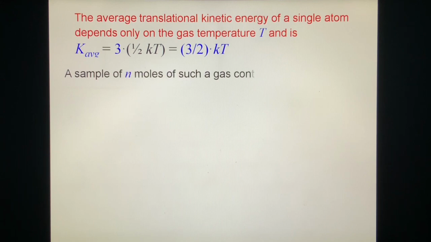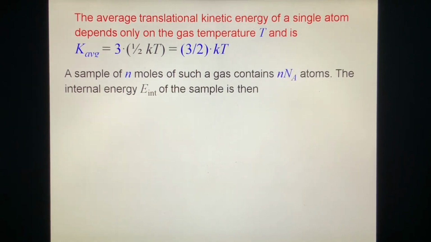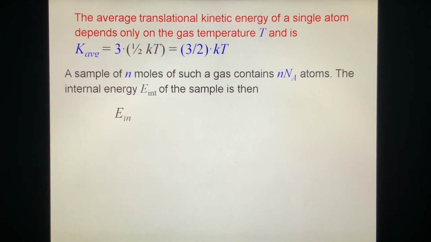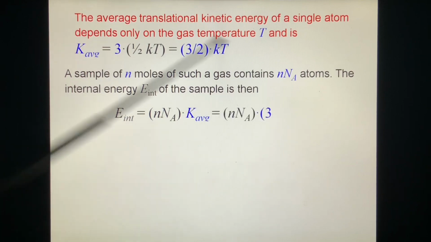A sample of n moles of such a gas contains n times Avogadro number atoms. The internal energy E internal of this sample is then equal to this number, n N_A, times K average. That is n N_A times 3/2 kT.